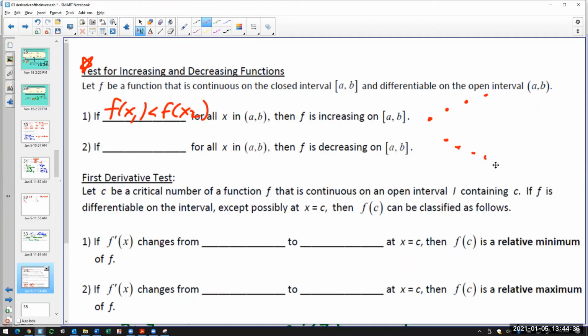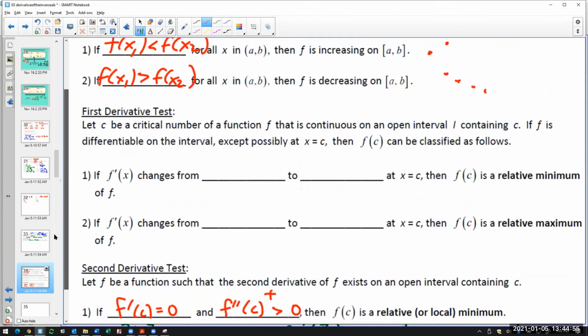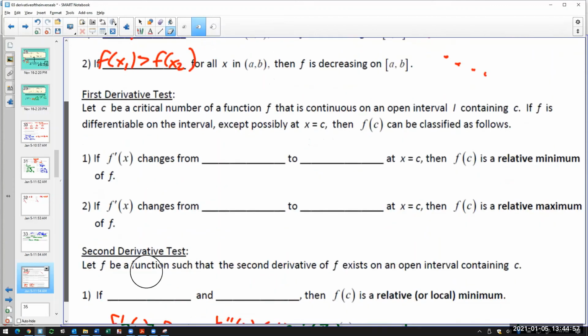If you're decreasing, then your y before is always bigger than your y after. Okay, and I just want to say, I don't think I'll ever test you on this because I don't actually know this myself. I had to look this one up. Okay. All right, I'm not even sure why I put this on. I don't think it's been on in the past. Okay, I do some crazy things whenever I'm putting stuff together for you guys.